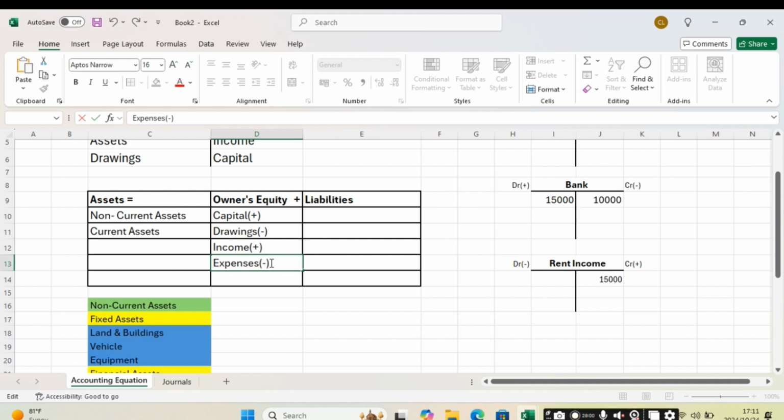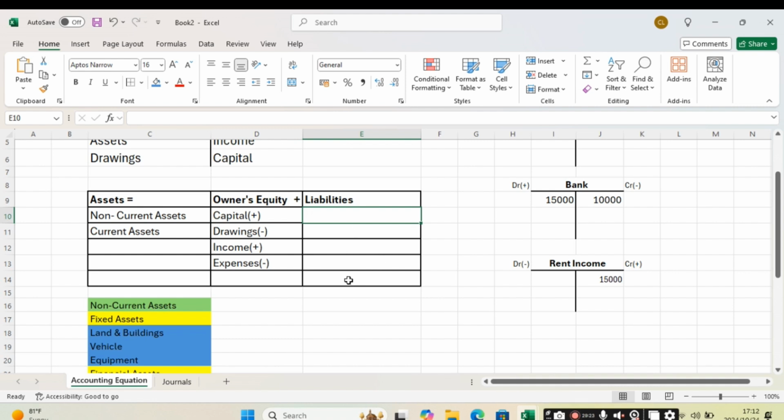Simple, straightforward, simple ABC. I don't think there's anything I need to explain here. We know what our capital, drawings, income, and expenses are. So this is our accounting equation. Okay, so now we move on.